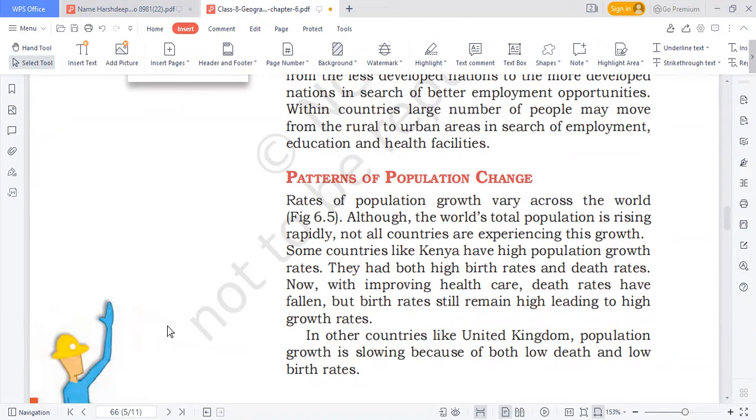A decade is a time period of 10 years. It is the magnitude of increase.